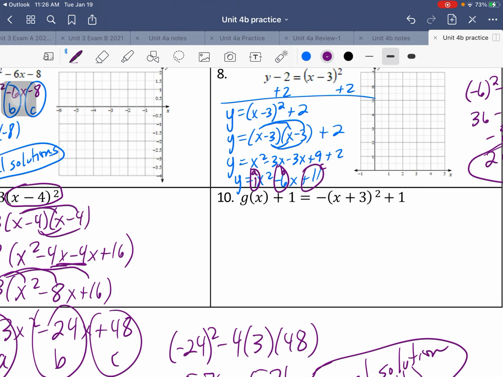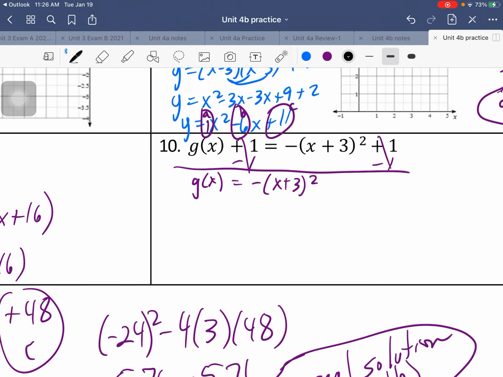All right, last one. We subtract 1. Weird looking. Both of those simplify out. That's super nice. Negative x plus 3 squared now. I'm going to change the color so it doesn't blend in with the bottom one. And this is a negative 1. We have to do the squared first before we multiply in the negative 1.